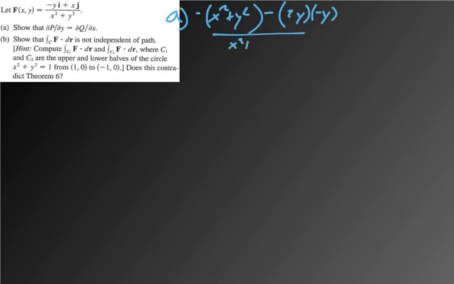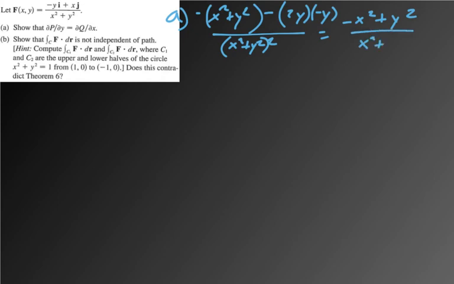And then it's all over the bottom squared. If you look at the top, you have plus 2y squared and a minus y squared. So all of that would simplify to minus x squared plus y squared.